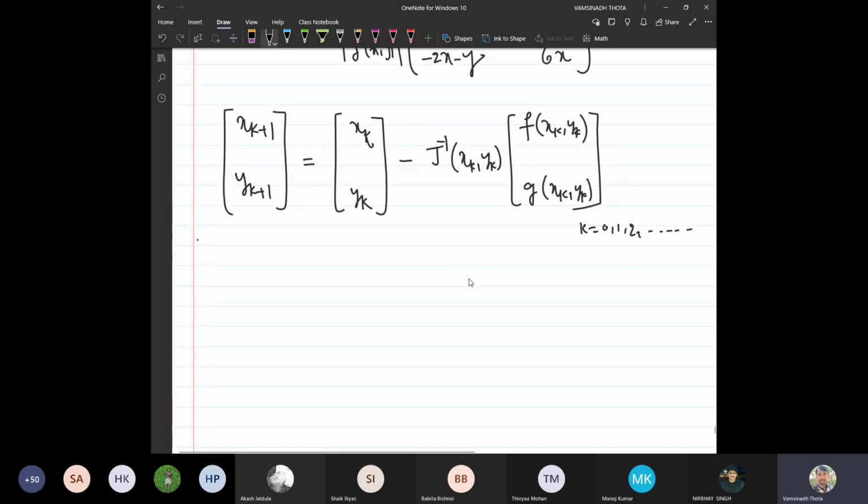For example, k, okay, fine, we'll have here xk, and yk we need to evaluate. Not only that, we then need to evaluate f at xk comma yk, and g at xk comma yk also.